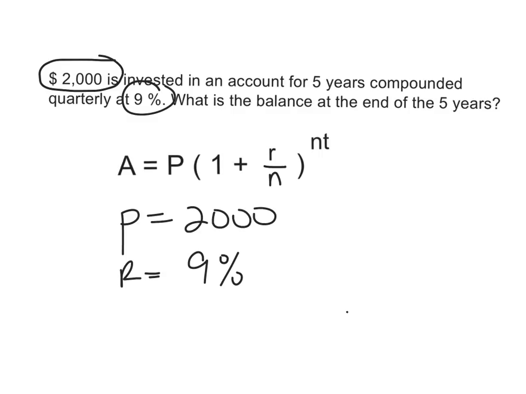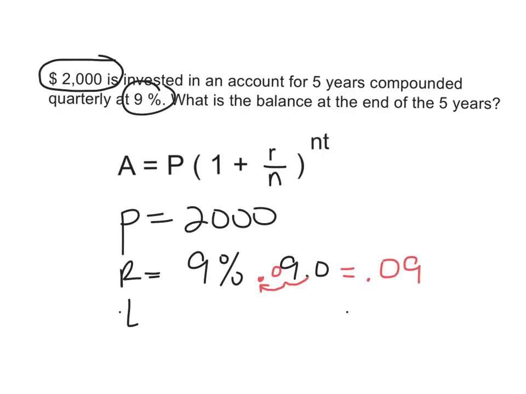Right now, it's 9.0. To convert a percent into a decimal, you go 2 places to the left. So when I move the decimal point 2 places to the left, the R value is going to be 0.09.